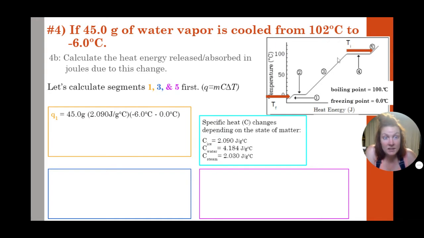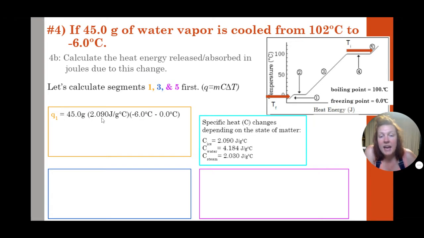Because we're moving from right to left, our initial for segment 1 is 0 degrees, since this is our melting point or freezing point. Moving right to left past the freezing point, our final is going to be -6 degrees Celsius. So that's why our delta T is being calculated as such.